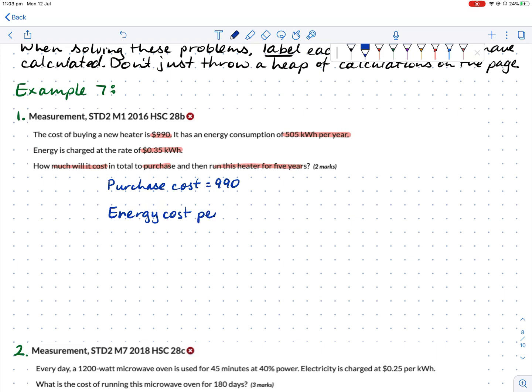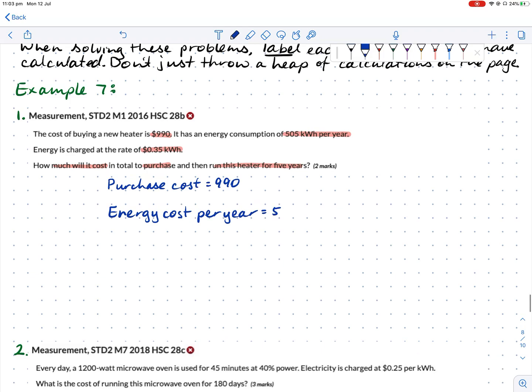The energy cost per year. We know that we're using 505 kilowatt hours every year, and the cost is $0.35, or 35 cents. And that comes out to be 176.75 cents. So that's the cost for 1 year.